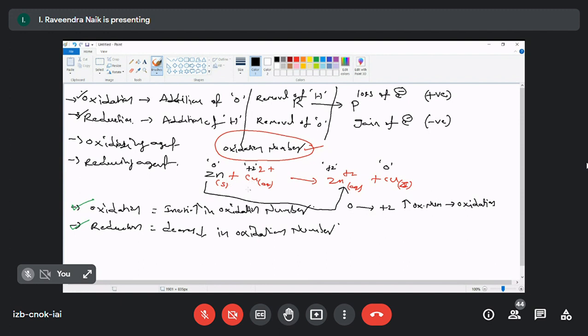First one is done. Is the oxidation identification clear? Yes, clear. Next one is reduction.